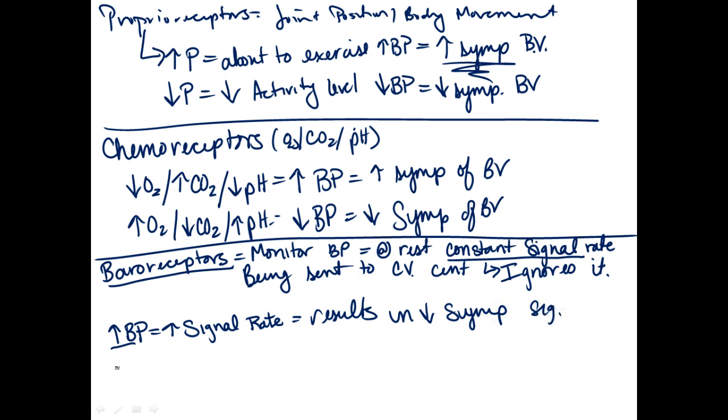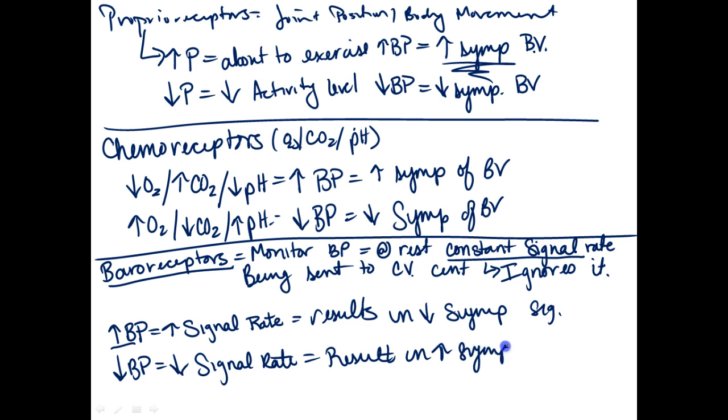Vice versa, if the problem was a decrease in blood pressure, this would cause the baroreceptors to decrease their signal rate, which would result in an increase in sympathetic signaling, as we need to vasoconstrict in order to bring that blood pressure back to normal.